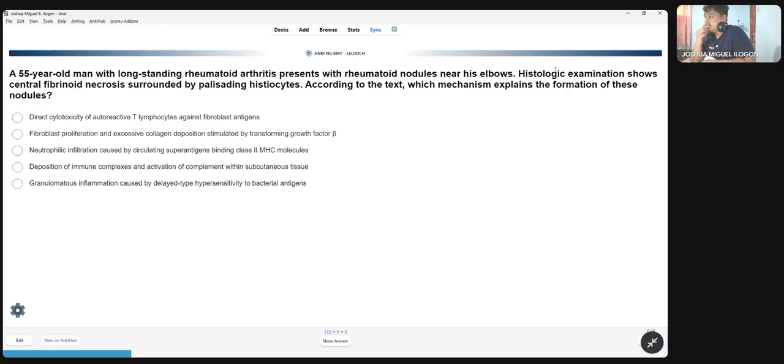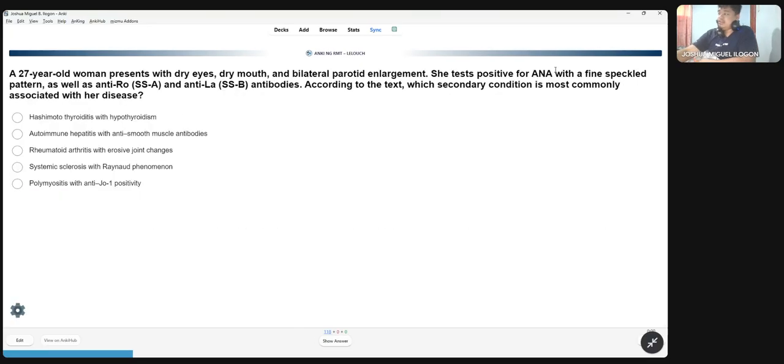That's not fibroblast, I'm sure. Palisading histiocytes. I want to go with granulomatous inflammation. I don't think so. I think it's the deposition. It's deposition, yeah.